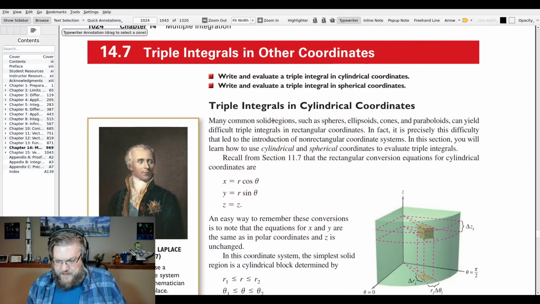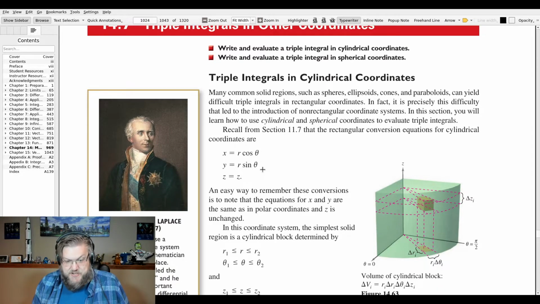All right, first things first, we want to remind ourselves of the coordinate conversion equations, right? So remember cylindrical. In fact, we've already done a cylindrical problem, because the other day when I converted to polar halfway through the problem, that is cylindrical.